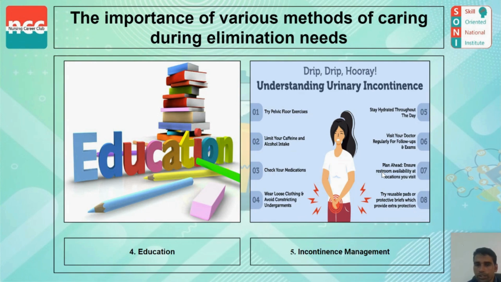Wear loose clothing and avoid constricting undergarments. Stay hydrated throughout the day. Visit your doctor regularly for follow-ups and exams. Plan ahead. Ensure restroom availability at locations you visit. Try reusable pads or protective briefs which provide extra protection. This is all about incontinence management.